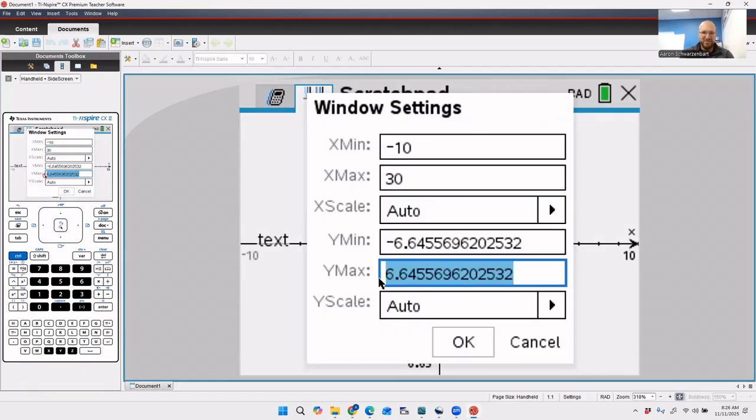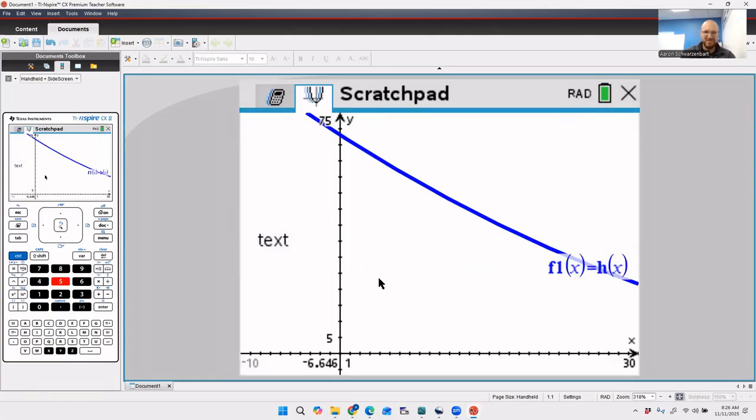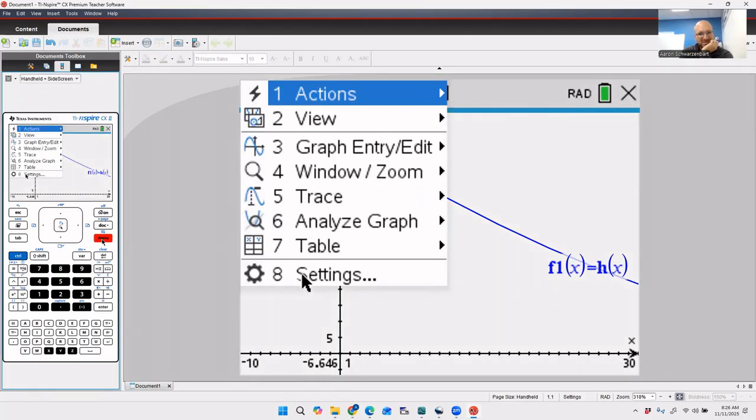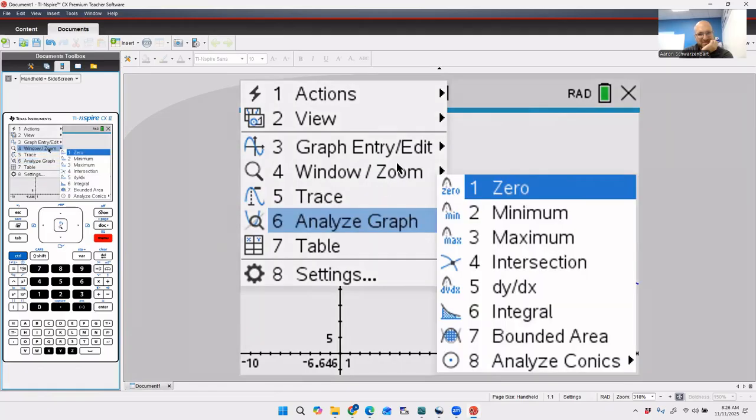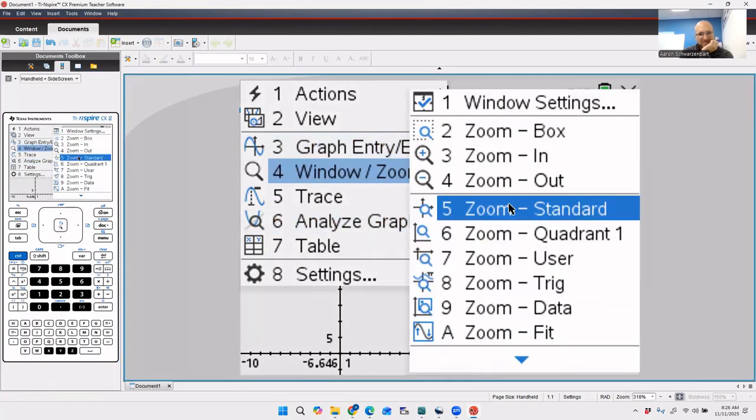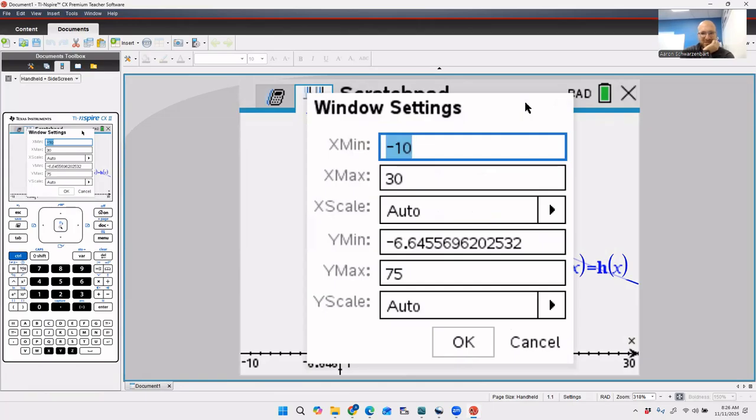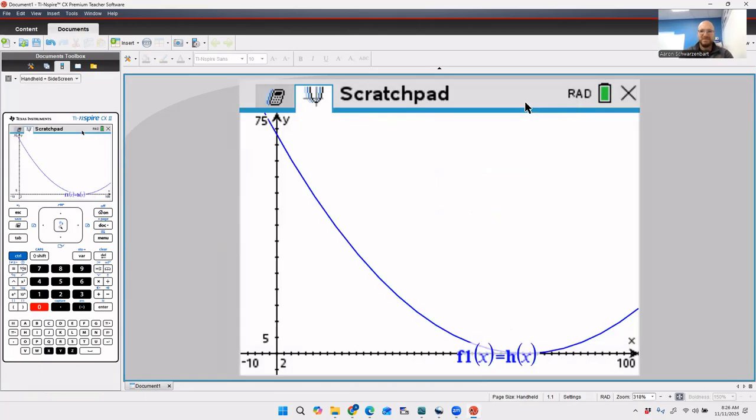I know I started at 75, or 68, so I'm going to say 75. No, I still have not reached the bottom by 30. Okay. Let's see if we get there by 100. Okay. I think I've reached the bottom. I guess. I think that's what this is supposed to be.